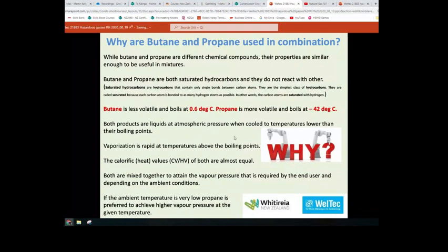The main practical difference that makes is that butane boils at a different temperature than propane. So propane will actually boil at -42 degrees centigrade, whereas butane will only turn to a gas at around -1 degree or 0.6 degree centigrade.